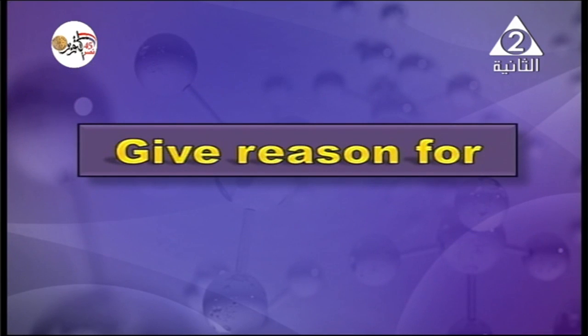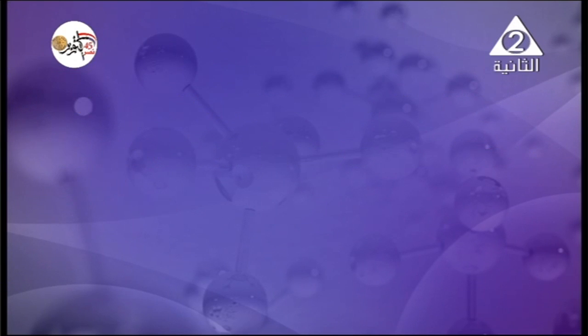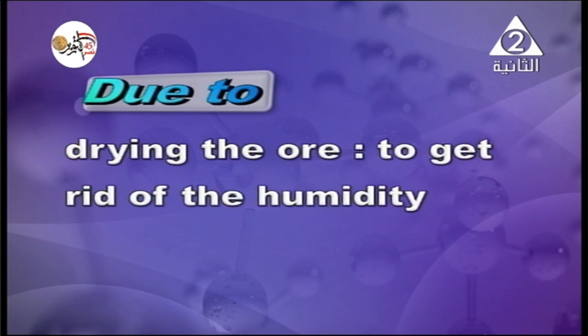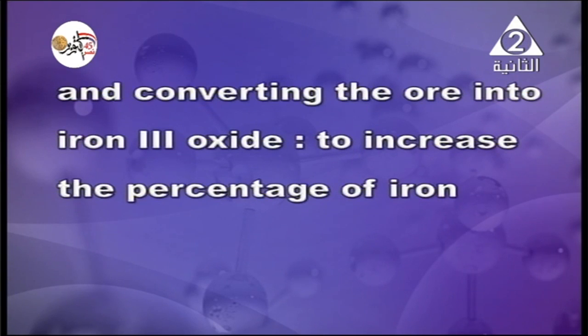Next type of question. Give reason for: iron ore is heated strongly in air during extraction of iron. This is due to drying the ore, getting rid of humidity, and converting the ore into iron(III) oxide to increase the percentage of iron.